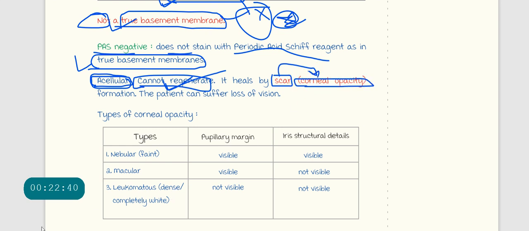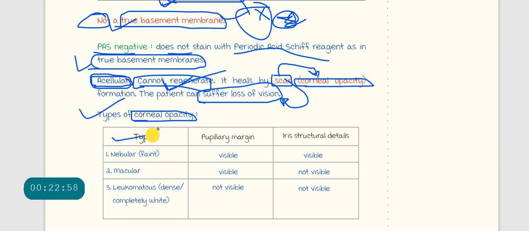Now moving on to the types of corneal opacities. What are the types of corneal opacities? The first type is nebular, then macular, and the last is leucomatous. First one, the nebular: there is a faint vision.